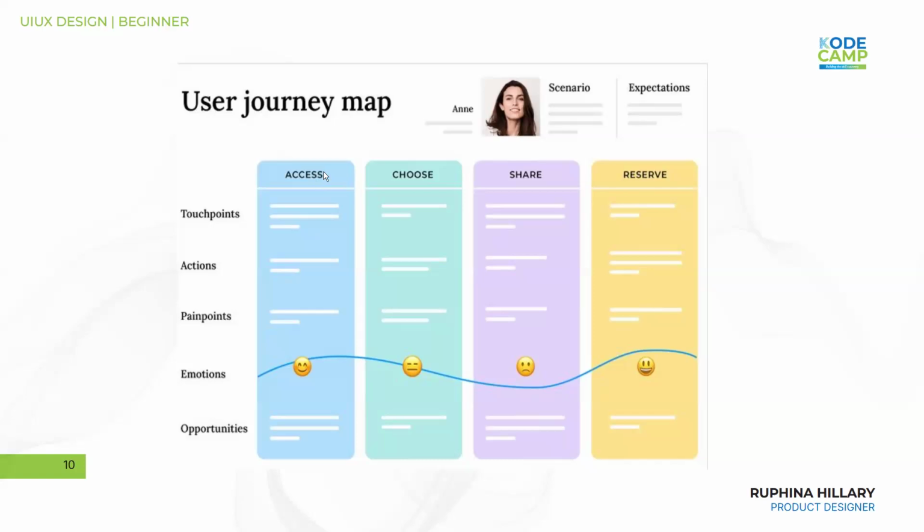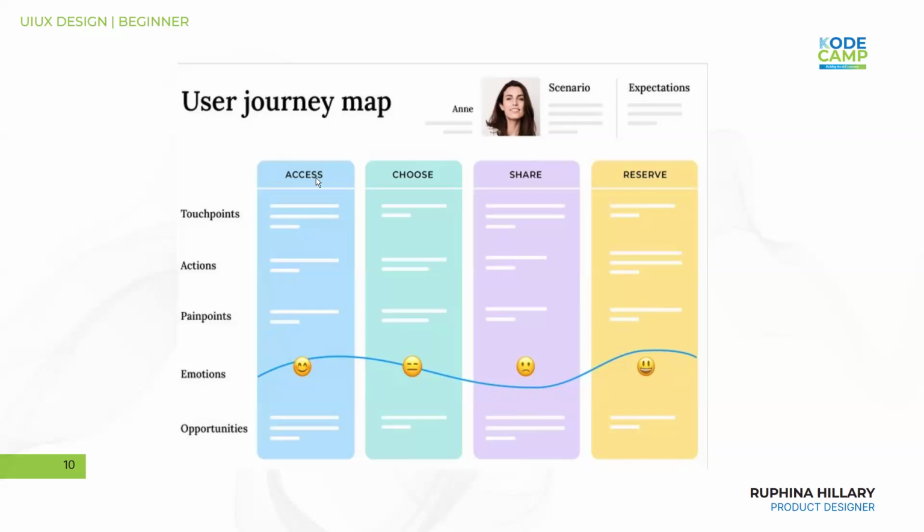So for this journey map here, they used assess, choose, share, and reserve as their high level stages. High level stages can differ depending on what product you are building. For this product here, this could be a digital application for reserving seats or places at a restaurant.